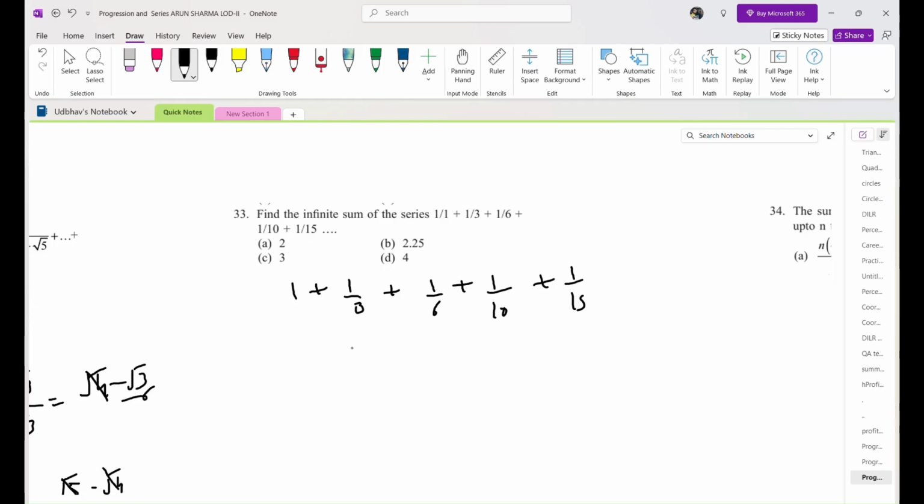We can just... 1, 3, 6, 10, 15, up till infinity.